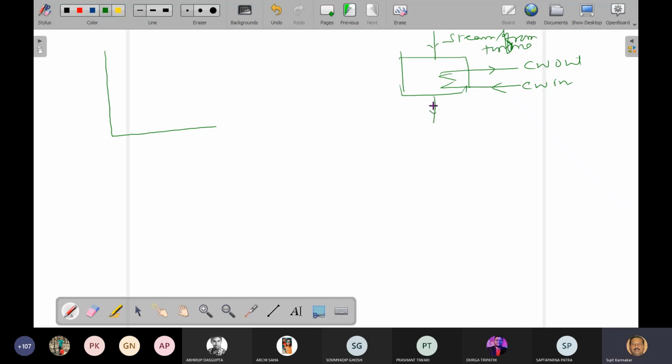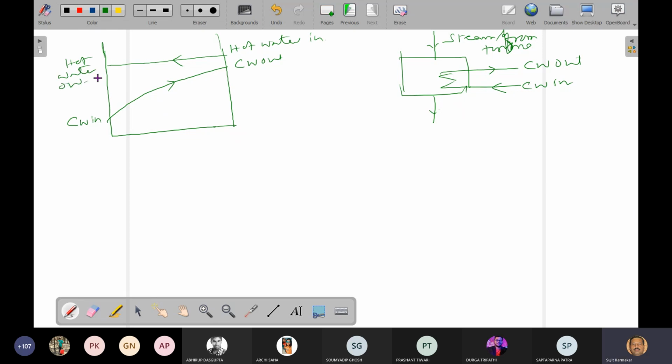Now if you plot this curve, it will look like this. This is the cooling water in and this is the cooling water out, and here this is the hot water in and this is the hot water out.